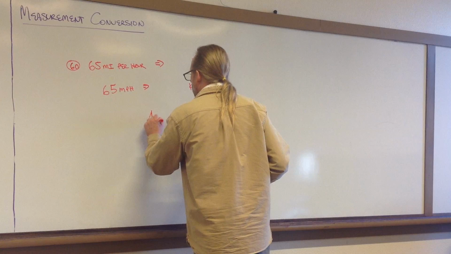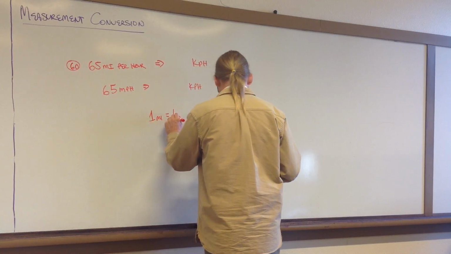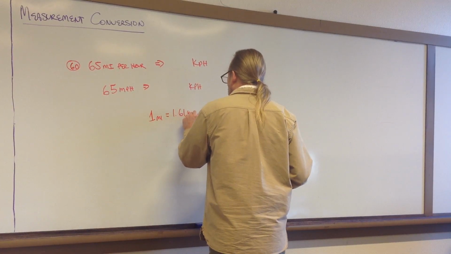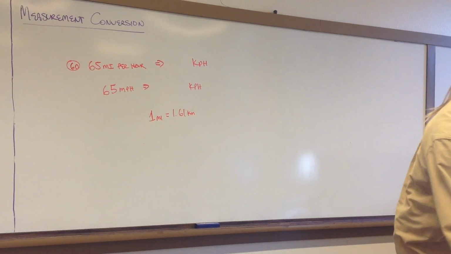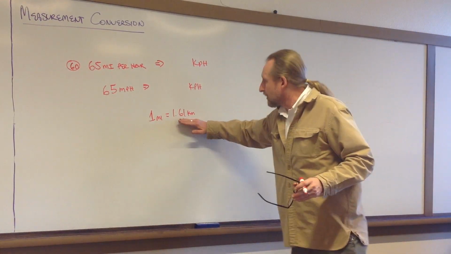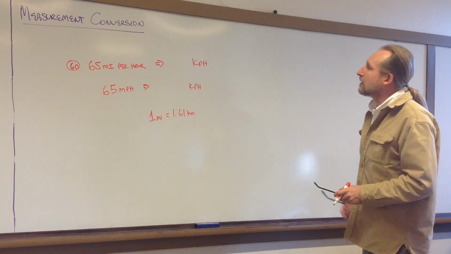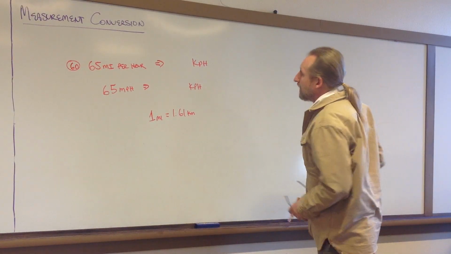We know 1 mile is 1.61 kilometers. So again, there's always going to be more kilometers than miles, so our answer should reflect that.